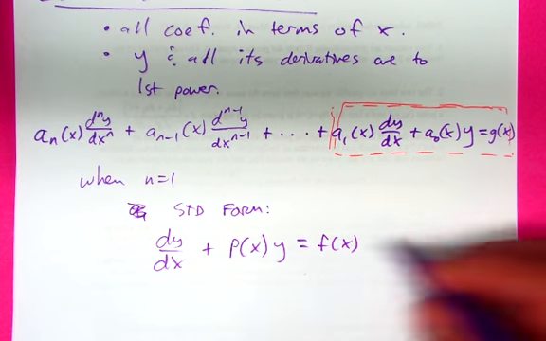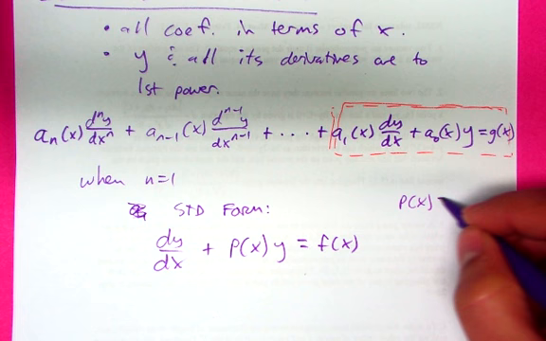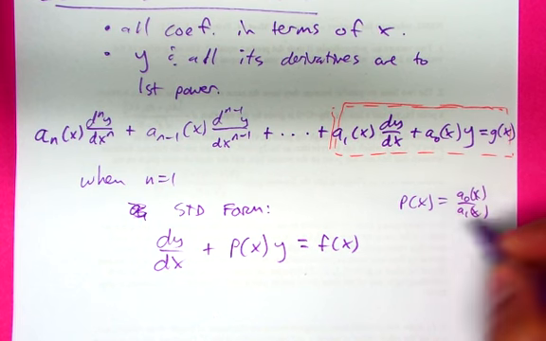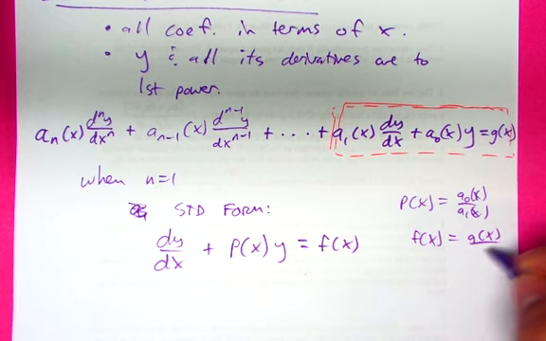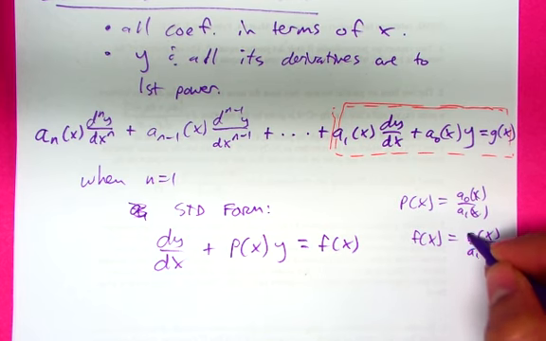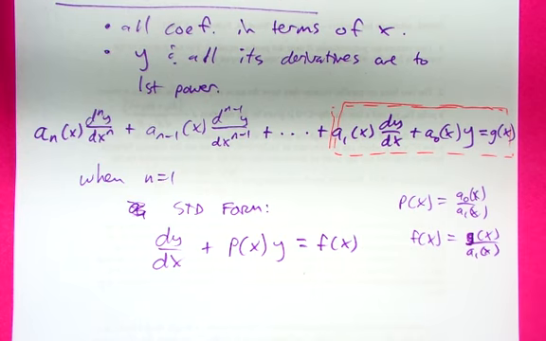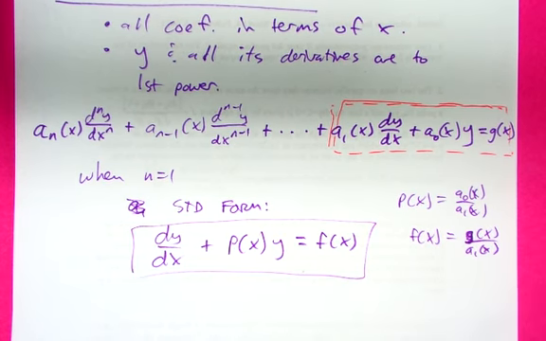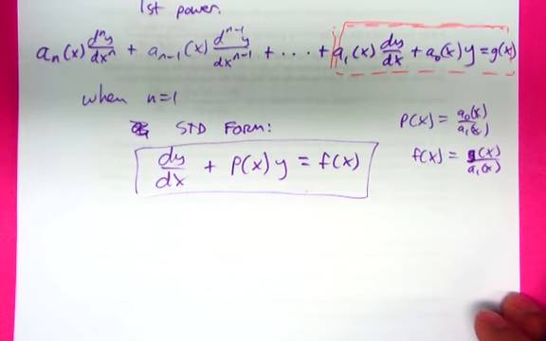So if you forgot what these represent, p of x is a naught over a1, and f of x was g of x over a1. Okay, so this is the standard form. This is what we're going to be interested in this section.